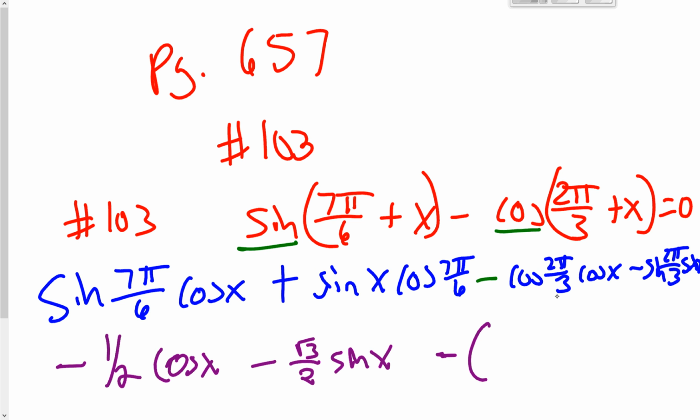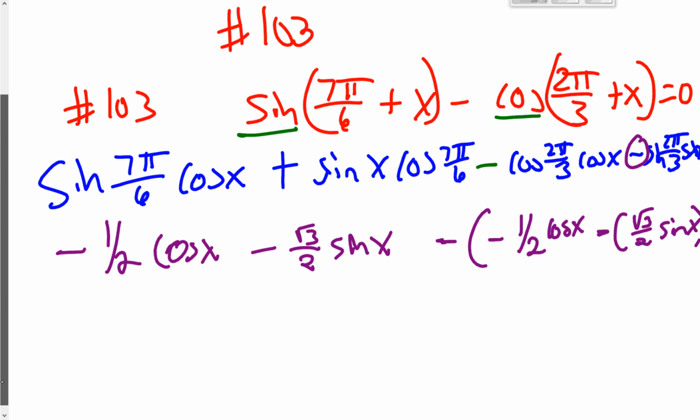So 2 pi over 3 would be a 60-degree angle, and it's two of them, so it's 120, and cosine is negative. At a 60-degree angle, cosine is 1/2 and sine would be root 3 over 2, but it's in the second quadrant, at 120, so that means it's positive. But we have this negative here, we'll just bring that down for now. So this is root 3 over 2, and then sine of x. So we probably could have just left the negative, and this is cosine of x. Bring that cosine down.